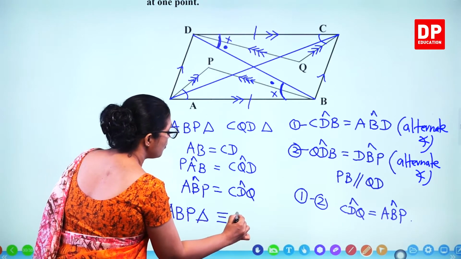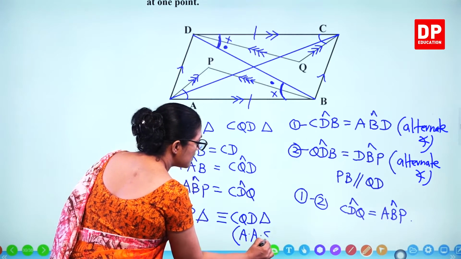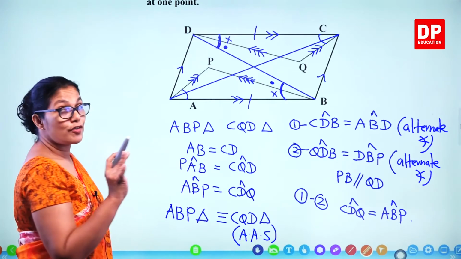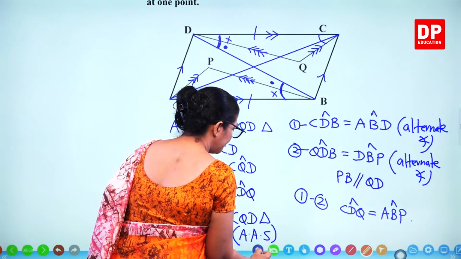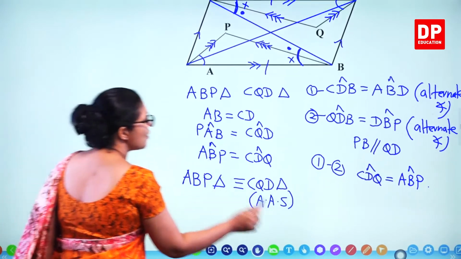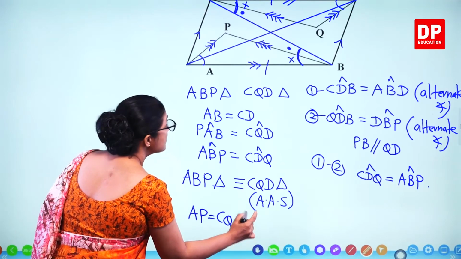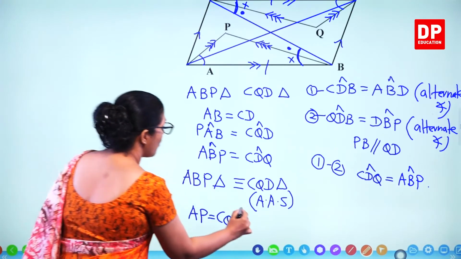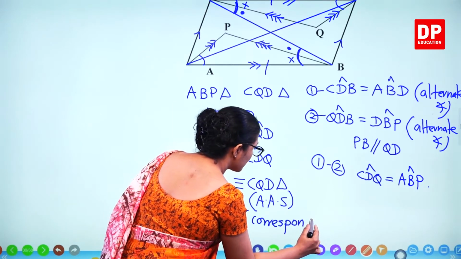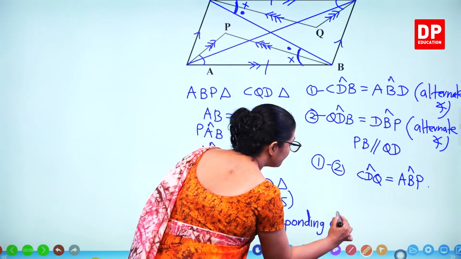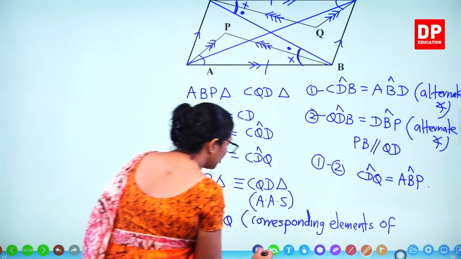Triangle ABP is congruent to triangle CQD because of angle side. Now we found out the two triangles are congruent. We can say AP is equal to CQ, corresponding elements of congruent triangles.